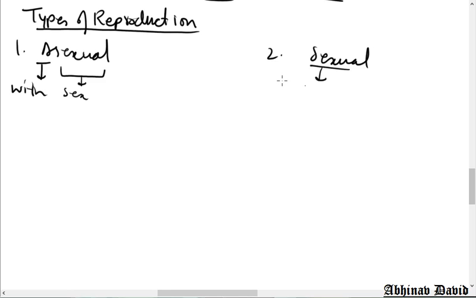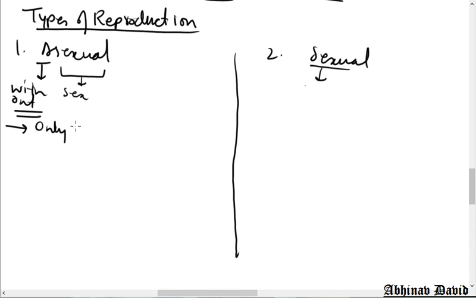So let us try to differentiate between sexual and asexual modes of reproduction. Let us discuss one by one. What is the first point? In asexual reproduction, no two parents are involved, only a single parent is involved.